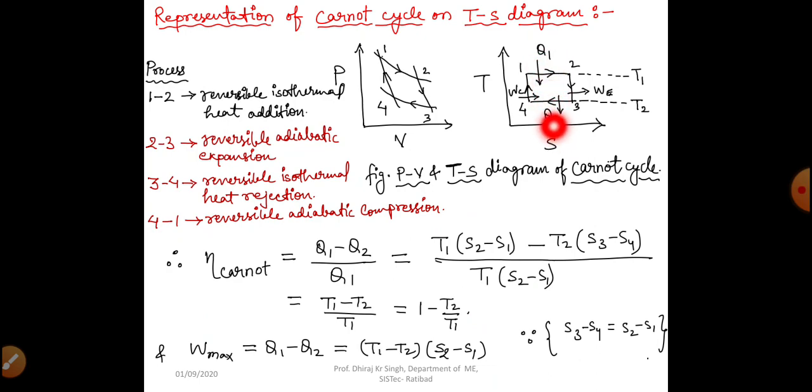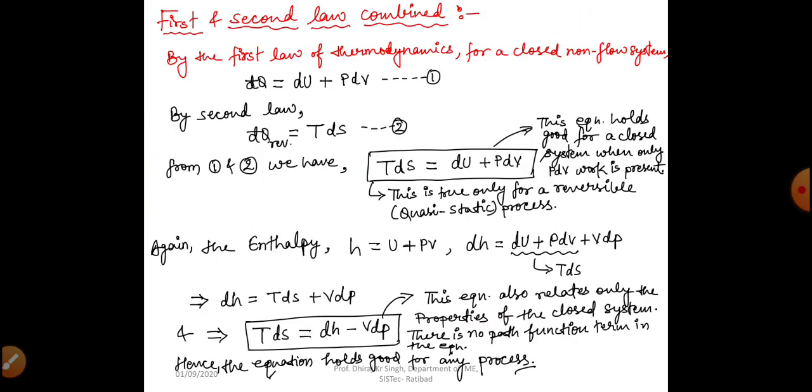So Q1 minus Q2 is our maximum work. We can write in this last expression W max equals Q1 minus Q2 equals T1 minus T2 into S2 minus S1. S2 minus S1 we have taken common, as S3 minus S4 and S2 minus S1 are equal. So this is the expression of our Carnot cycle efficiency, 1 minus T2 by T1.